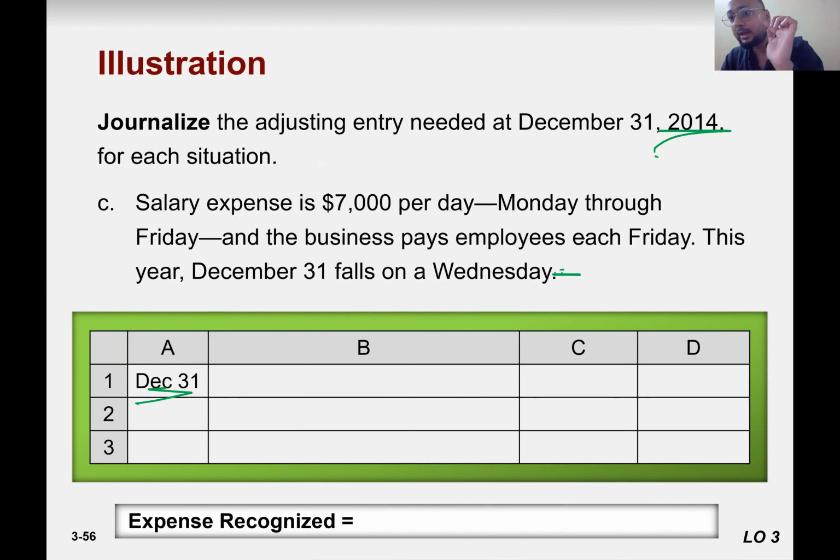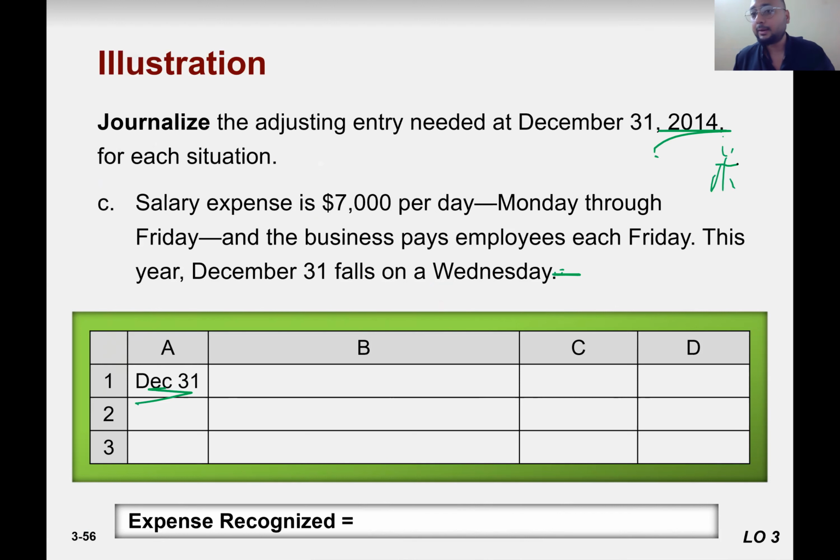Monday, Tuesday, Wednesday. 3 days of salaries belong to 2014. And Thursday, Friday salary belongs to 2015. And right now, we are standing at 31st December 2014. So this salary is going to be expensed in 2014. So this 3-day salary will go to the income statement of 2014.